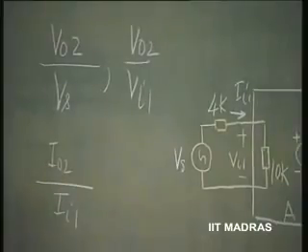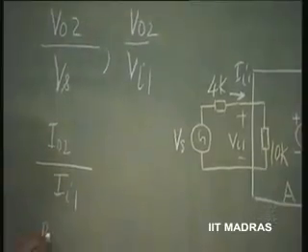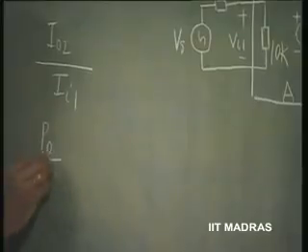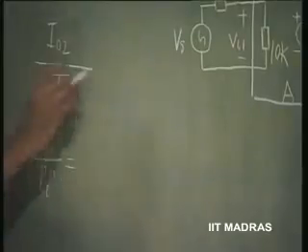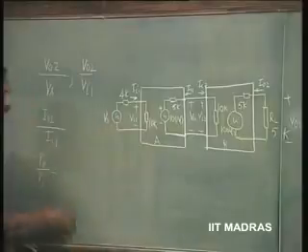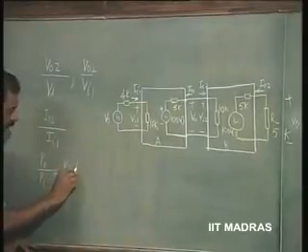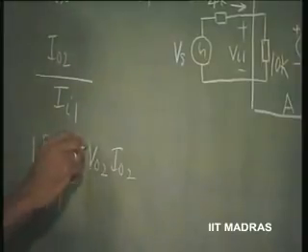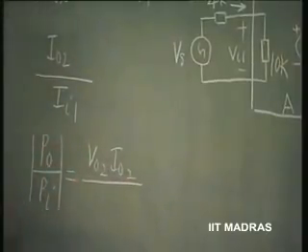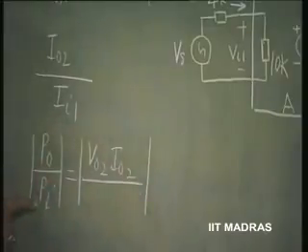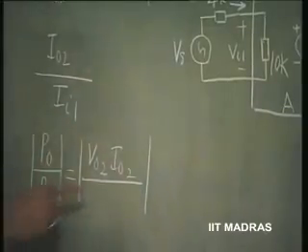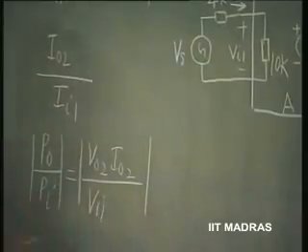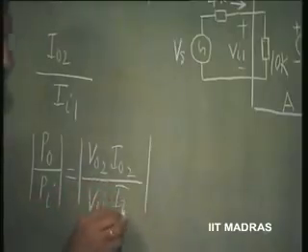Then we have the power gain, P0 divided by Pi, where P0 is the voltage at this point, V02 into I02, and Pi is going to be Vi1 into I1.